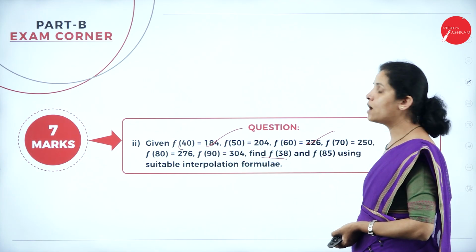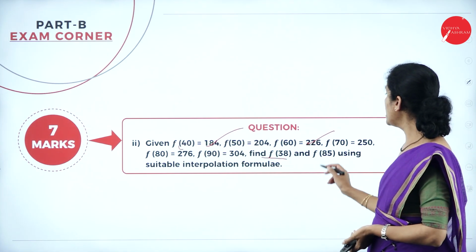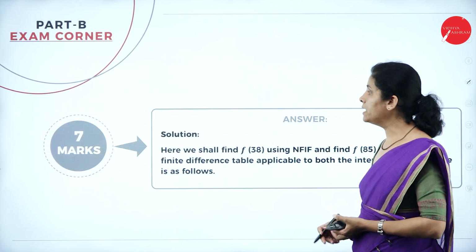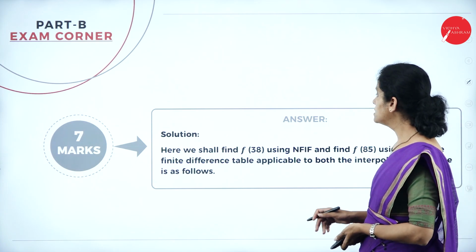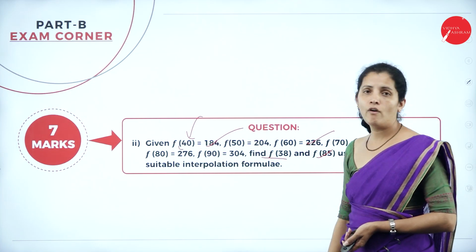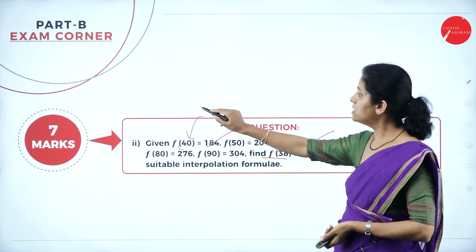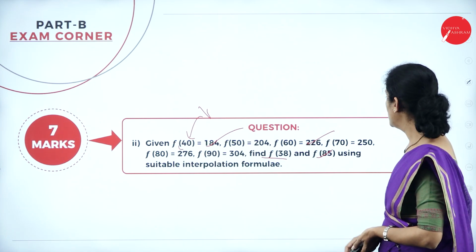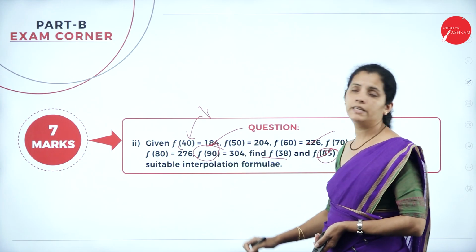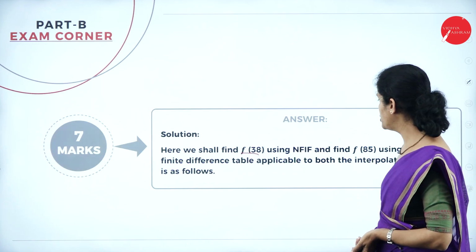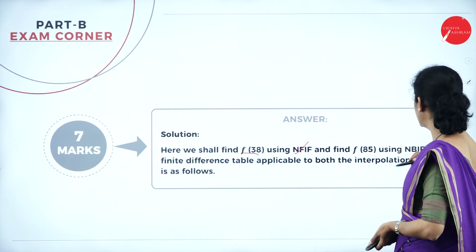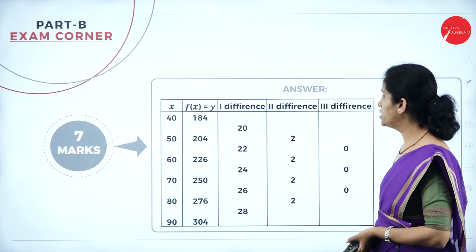Now I want to find out f of 38 and f of 85 using a suitable interpolation formula. See here, f of 38 is nearer to f of 40, so it is forward interpolation, and 85 is nearer to f of 90, so it is backward interpolation. So I'm going to apply forward interpolation as well as backward interpolation.